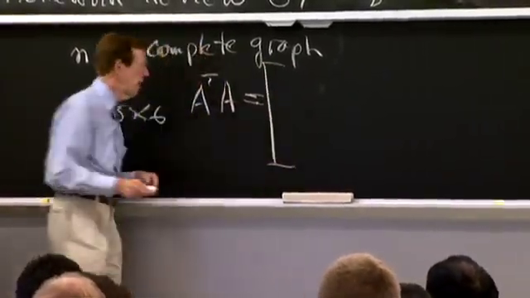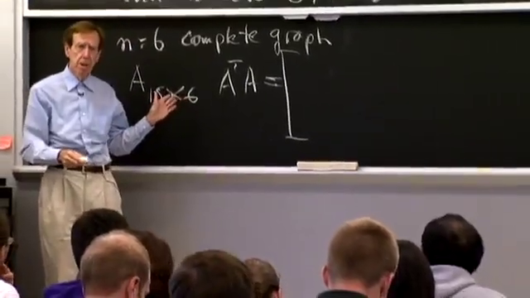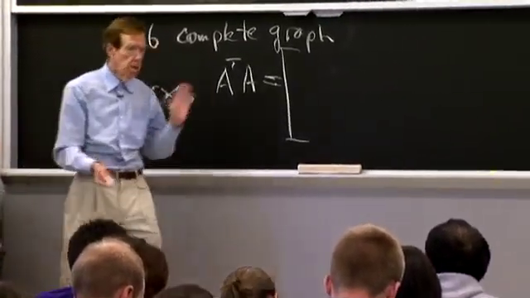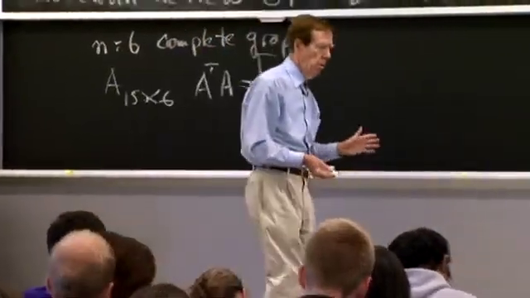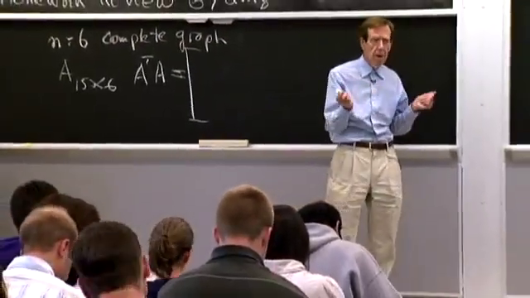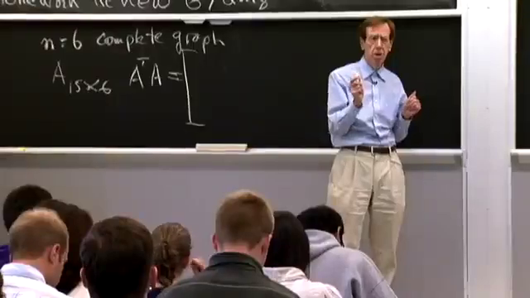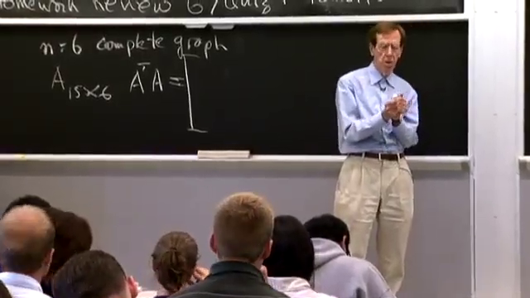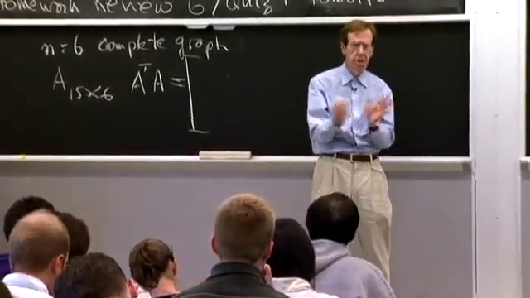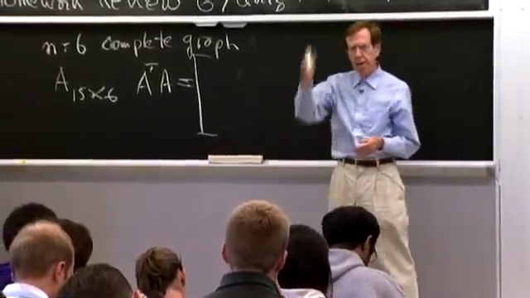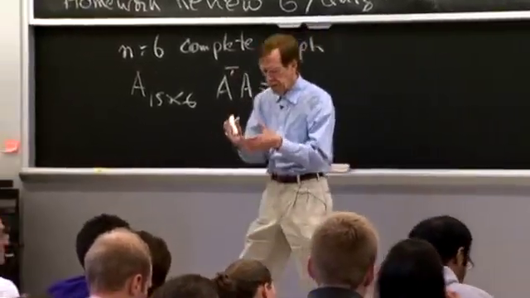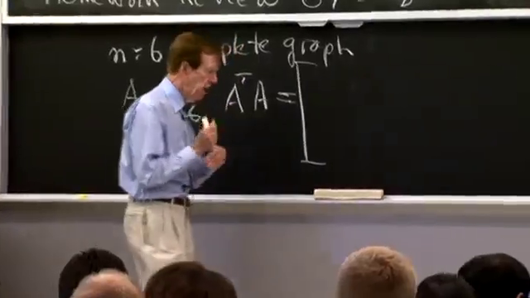What shape would A transpose A be? 6 by 6, symmetric, of course. Will it be singular or non-singular? Singular, because we haven't grounded any nodes. We haven't taken out that column. When I reduce it to 5 by 5, then it'll be invertible.